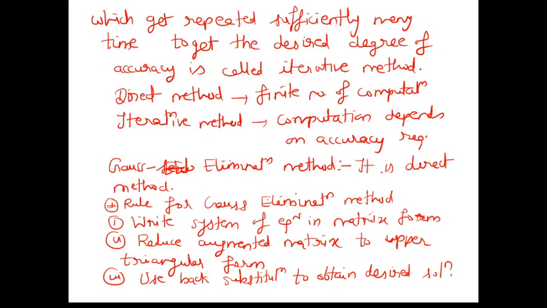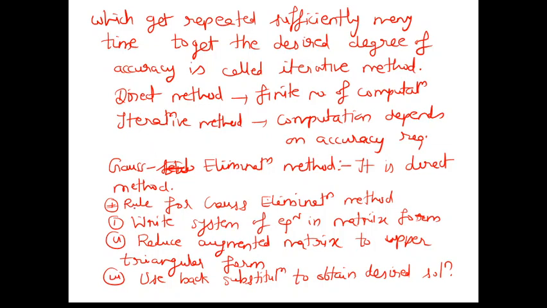As I said just now, it is a direct method, and what we are going to do is convert the given system of linear equation into an equivalent upper triangular system, and then this transformed system can be used to give the solution by the method of backward substitution or back substitutions.